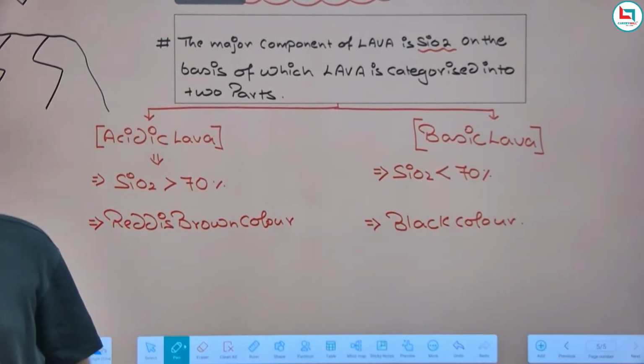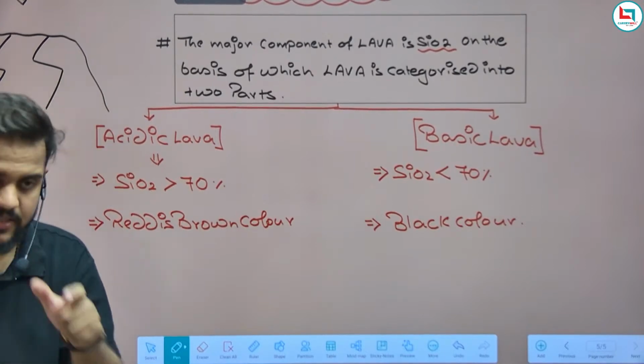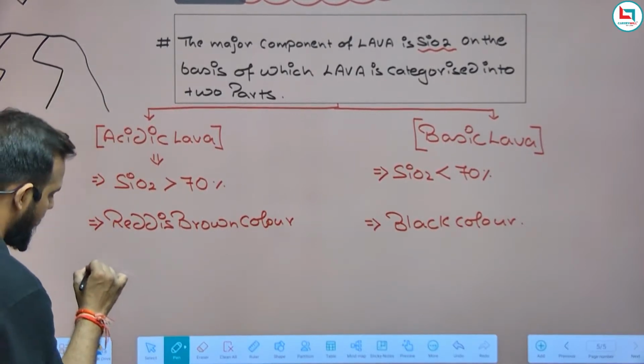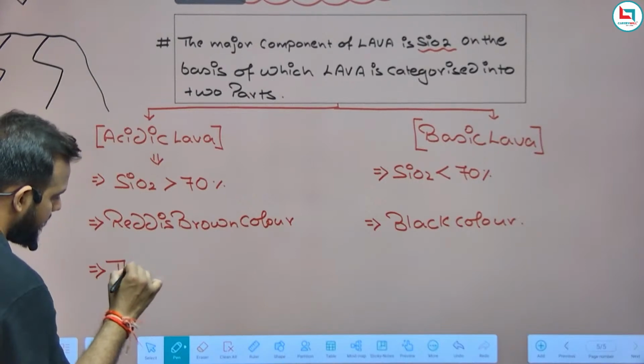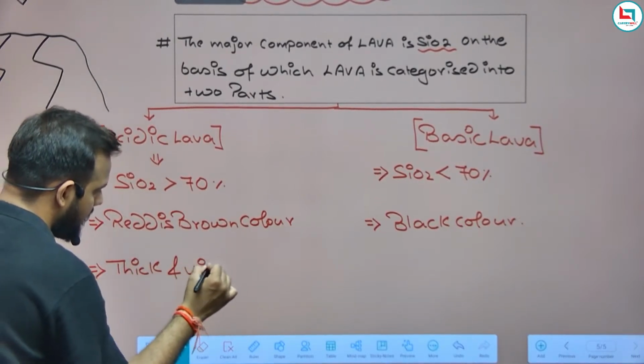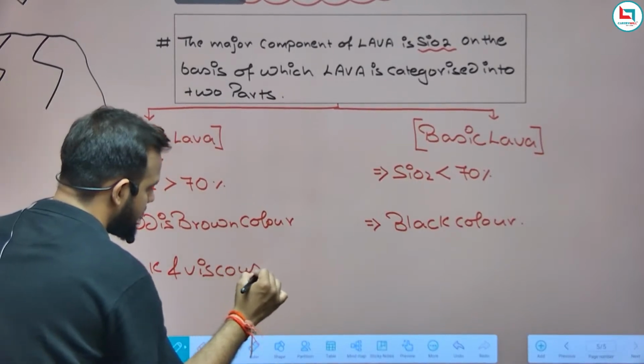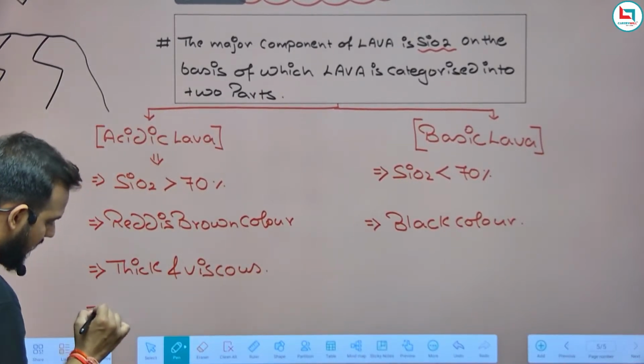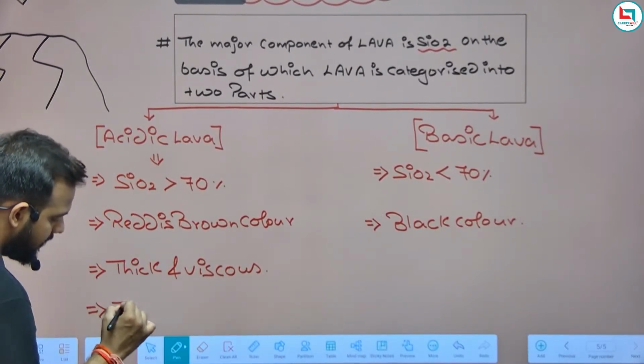After this, remember, acidic lava is thick and viscous. Guys, acidic lava does not flow.